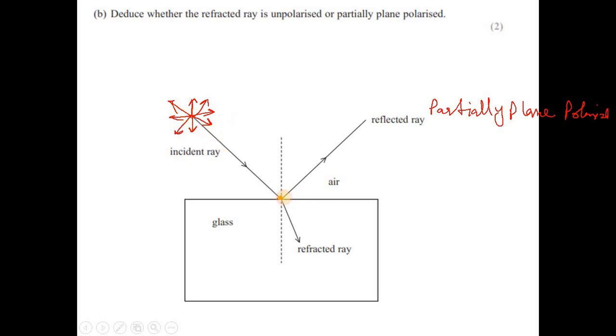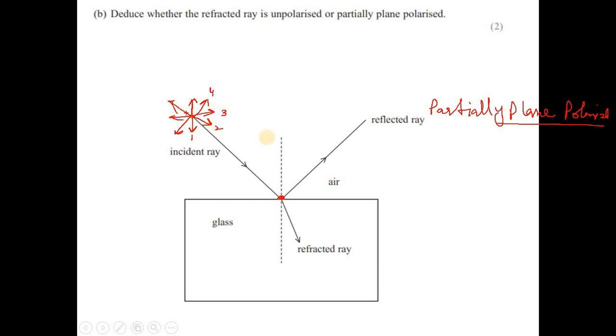Now what is happening at the point of incidence? At the point of incidence, some light is reflecting and some is refracting, and they are saying that the light which is being reflected is partially plane polarized, meaning some of the planes are reflecting. Let's suppose, just as an assumption, that we have maybe one, two, three, or four planes. So plane number one vertical, plane number two, plane number three, and plane number four.